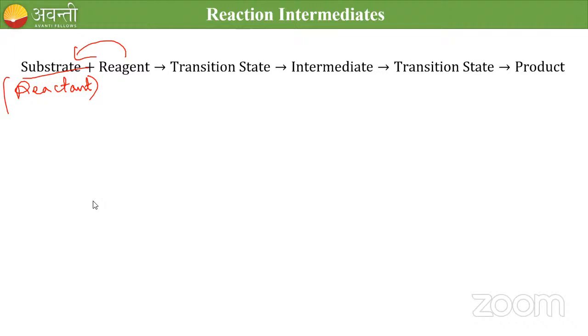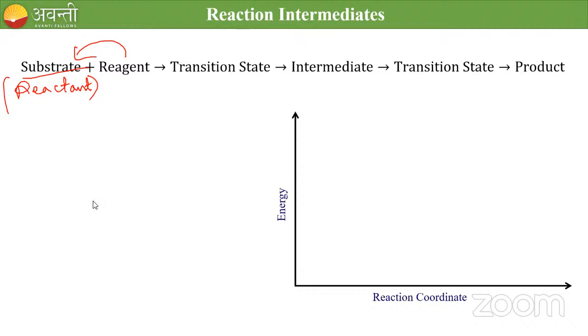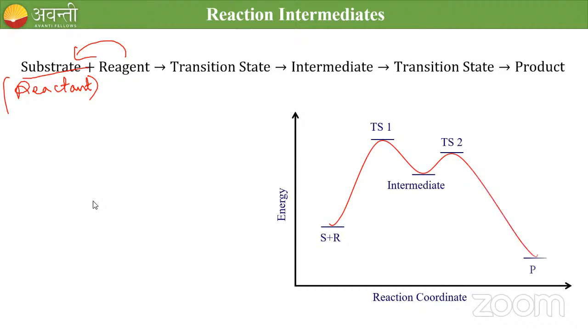product. Let me show this in a diagrammatic form. In a graphical form, let us discuss. You see here, reaction coordinate versus energy is the graph. Initially we have a substrate and the reagent. After some time, we are getting transition state 1. Transition state means at that point only the reactant and the substrate got activated.